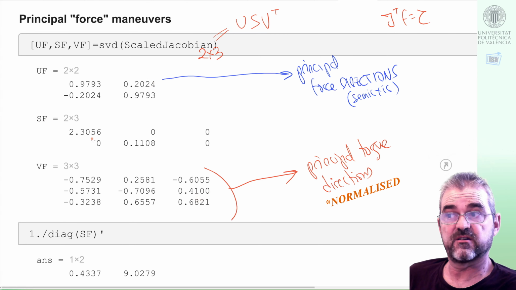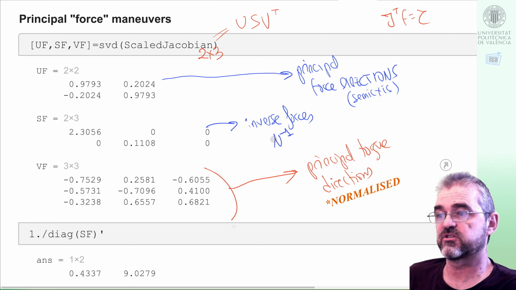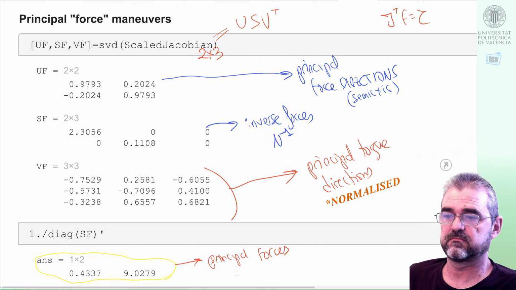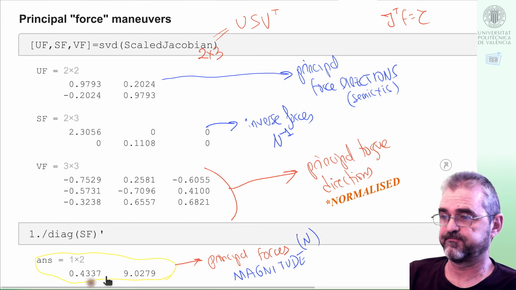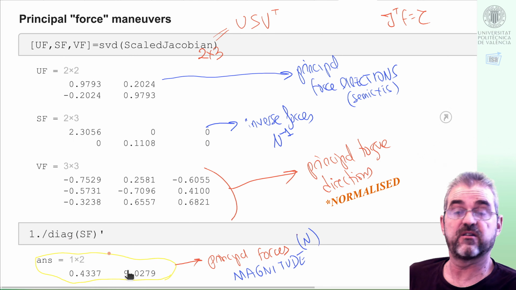And these singular values have units of inverse length of semi-axis, inverse forces, newton to the minus 1. So the actual force units in newtons are the ones in here, in which I inverted the singular values.